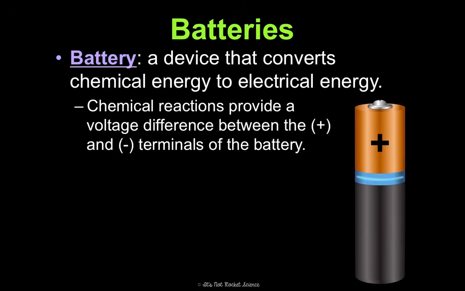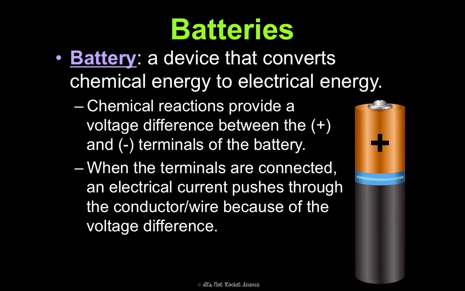How they work: basically, chemical reactions are happening inside the battery. And these reactions create that voltage difference between the positive and negative terminals of the battery. Because we have that voltage difference, if those terminals get connected in a circuit, then electric current can get pushed through the wire or pushed through the conductor material.